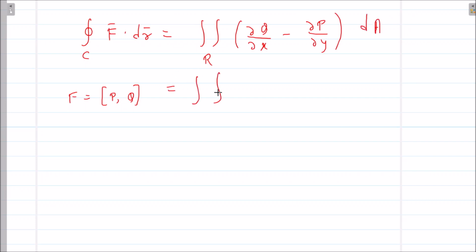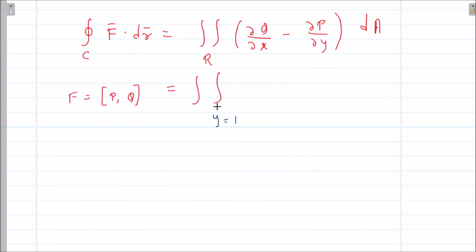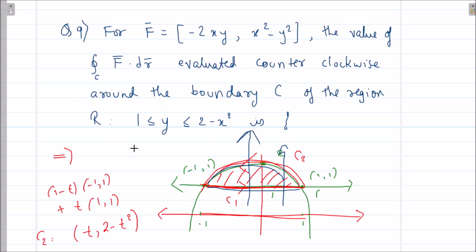Okay, so in this case, double integration we have already studied. So if I want to find the limits of y, I will draw a line parallel to the y axis. So y is entering from y equal to 1, and it is leaving out from 2 minus x squared. So y is going from 1 to 2 minus x squared, and when I project this, I get x from minus 1 to 1.